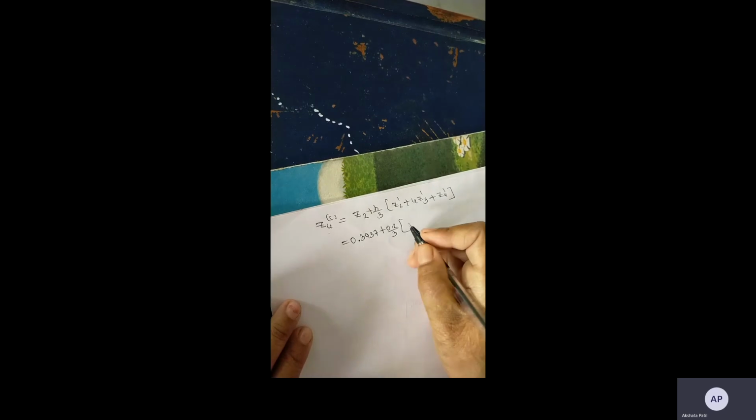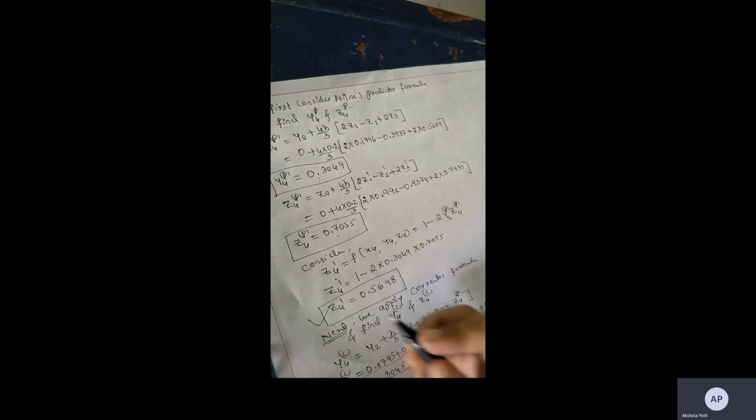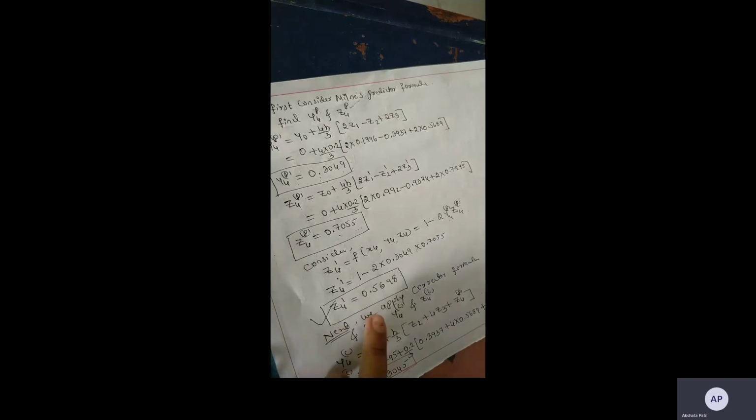The z2 dash value is 0.9374 plus 4 into the z3 dash value 0.7995 plus the z4 dash we obtained above. How much did we get for z4 dash? 0.5698.